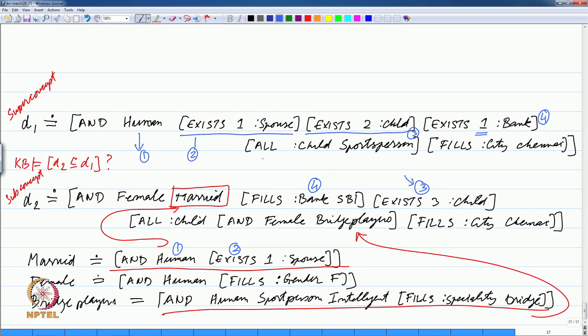Then we have to say that all child sports person, which is the 5th component we want to match. In this we have all child are female bridge players essentially.